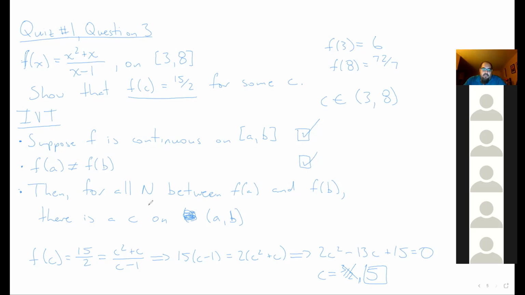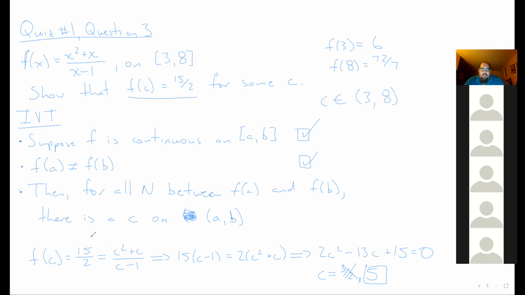So I think your hypothetical was, what if instead of 15 halves, it was just 7? In that case, 7 would be a y value. So I don't want to plug that y value of 7 in for c, which is an x value.